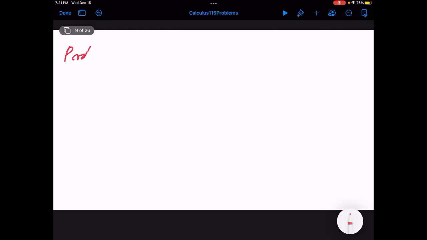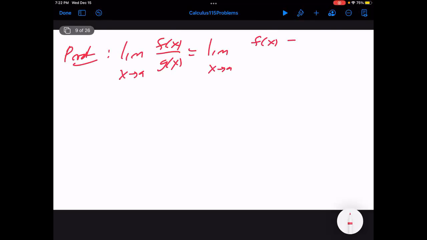And the proof: if we look at the limit as x goes to a of f of x over g of x, we can subtract f of a and g of a.